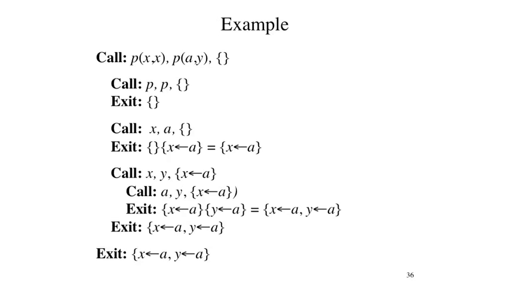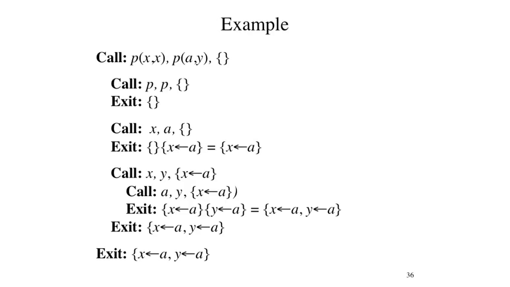Okay, here's another example. Consider unifying the expressions P of x x and P of a y. Here's our trace. The main interest in this case is in the step involving x and y. At this point, x has a binding to a, and so we recursively compare that binding, a, to y.